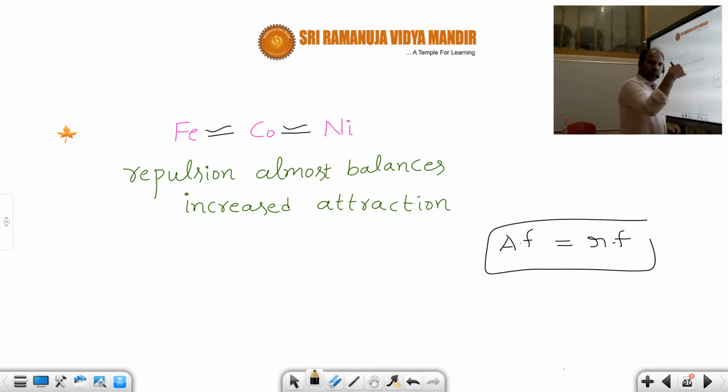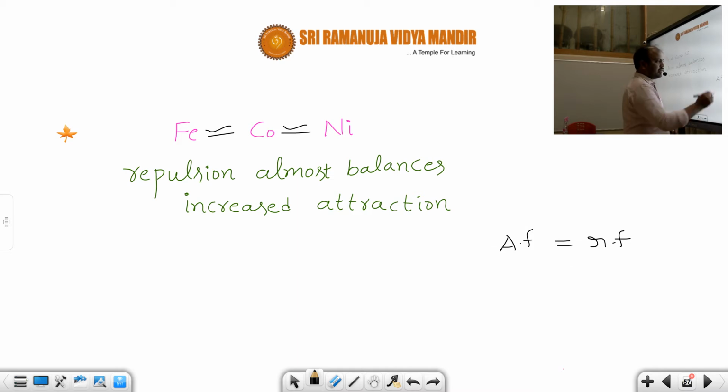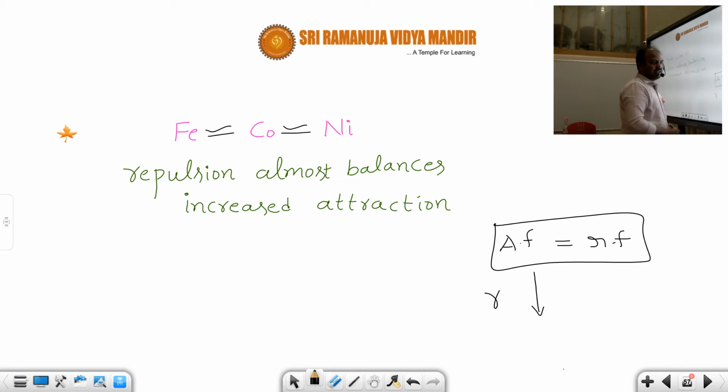When the attraction forces are more, what will happen? Distance decreases. That means atomic radius decreases. When the repulsive forces between the inner electrons and the outermost electron are more, radius increases. But what I am saying here is that attraction forces and repulsive forces are both equal.